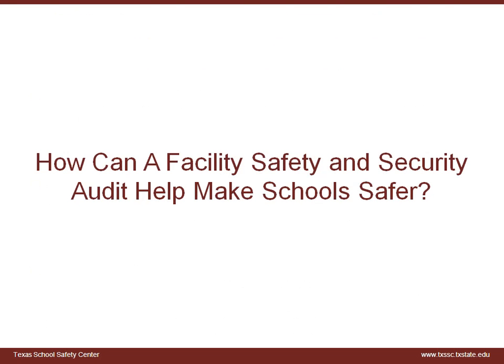This also is an opportunity to identify unsafe conditions and areas within a facility, as well as inconsistent use of policies and procedures. In addition, it's a time to identify training needs for all staff and students, to make recommendations for improvements, and also to communicate a lot of the safety concerns that you may find during your audits to your administration.